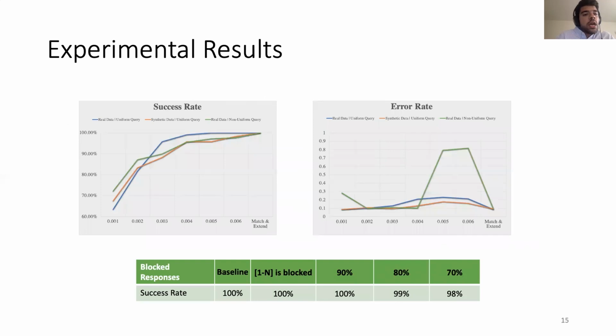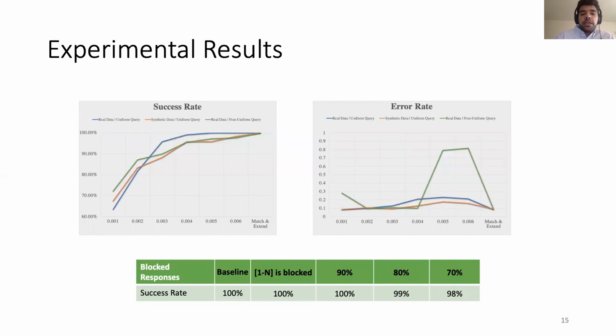The figure on the left-hand side shows the variation of the attack when the noise parameter is increased. You can see that as we increase the noise parameter, we can recover more and more elements of the database. But even with 0.006, we still could not recover the whole database. By using match and extend, we can almost recover all the elements in the database.